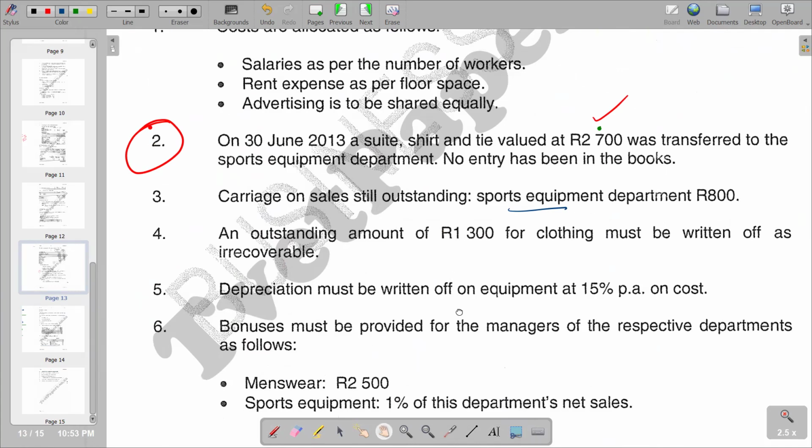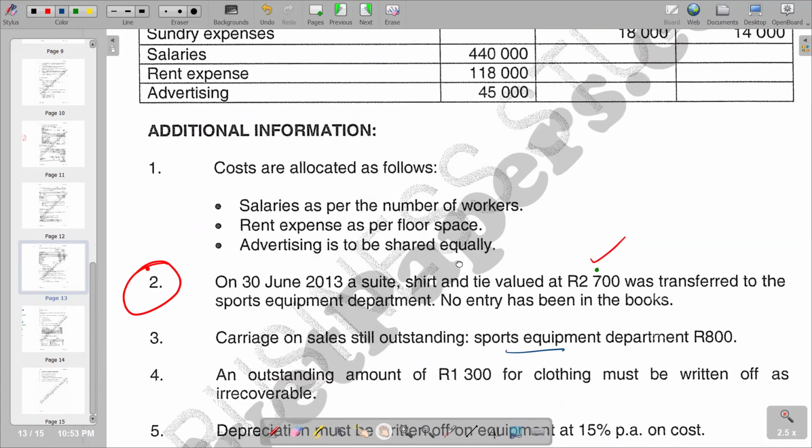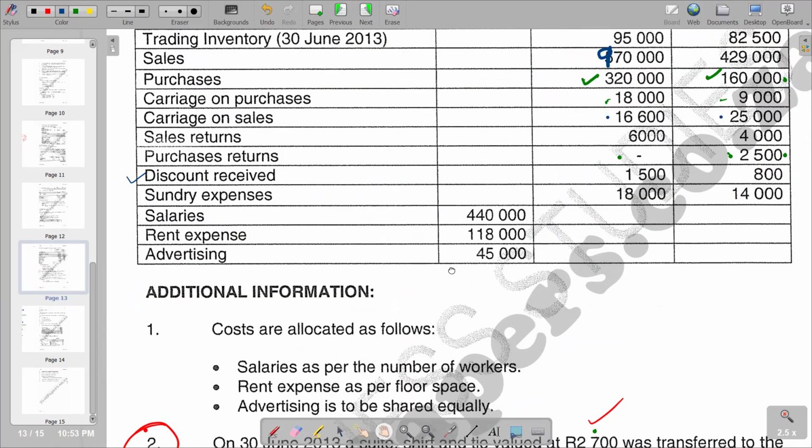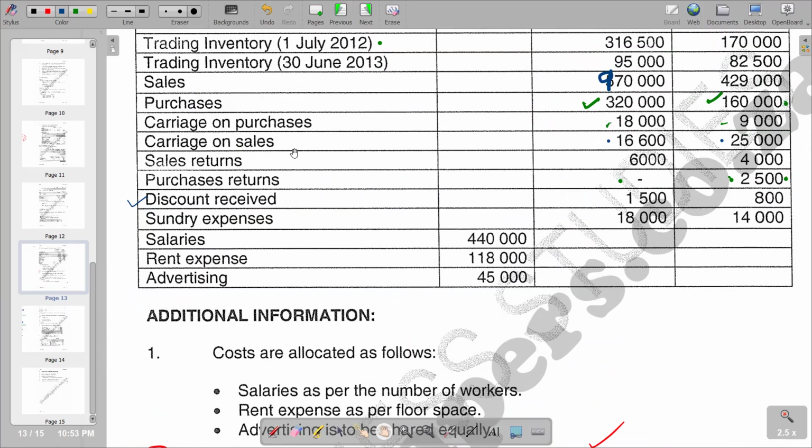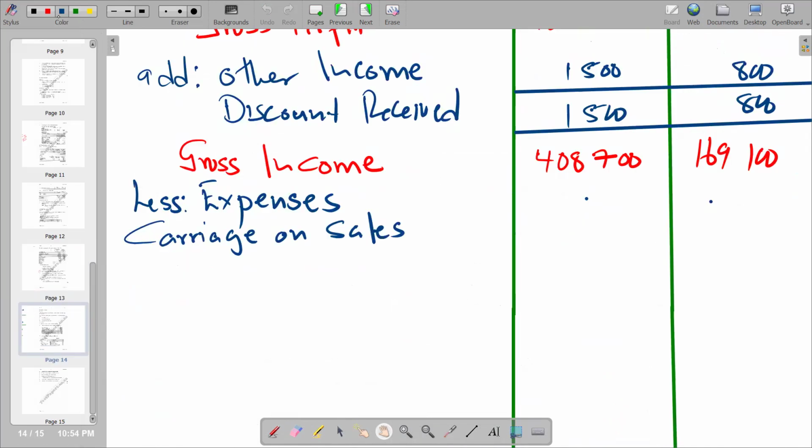But for menswear department, we pick our carriage on sales as 16,600.